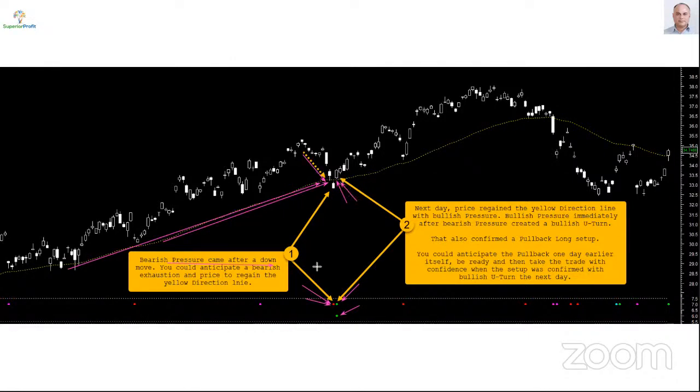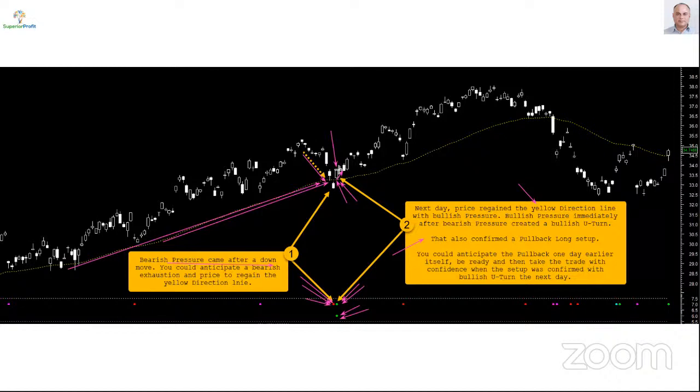And in this case, we had a possible bearish exhaustion. And the very next day, not only did price regain the yellow direction line, but it had bullish pressure, thereby creating a bullish U-turn that further confirmed the pullback long trade setup. Now the pullback setup was confirmed on this day.